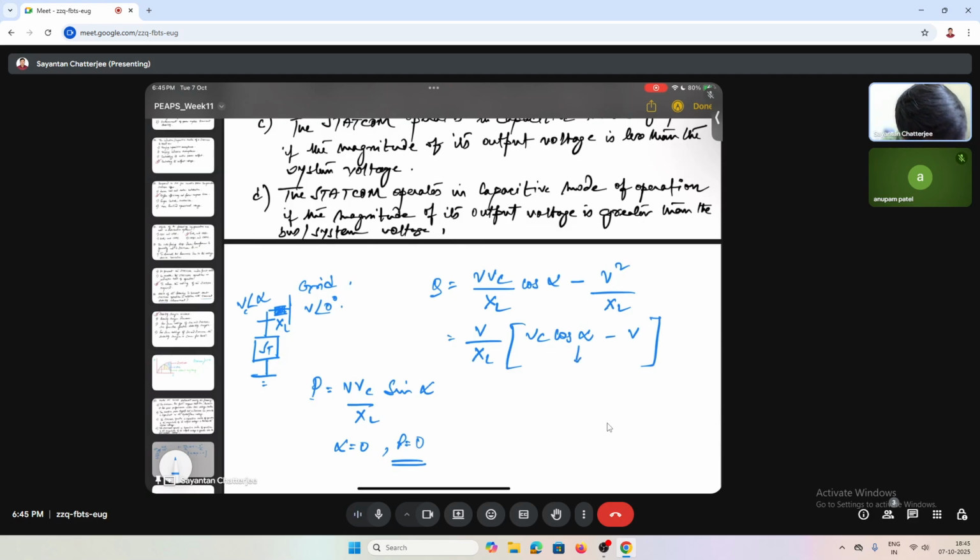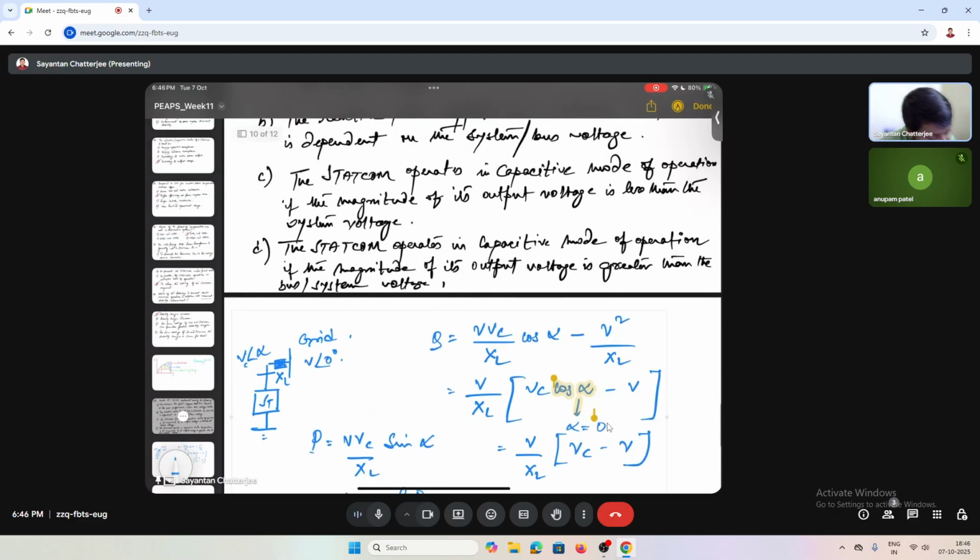Again, if alpha is zero, then we can write this as V by XL times Vc minus V, considering alpha equals 0, so cos alpha equals 1. Now what will be Q? The system voltage is V and this output voltage is Vc.